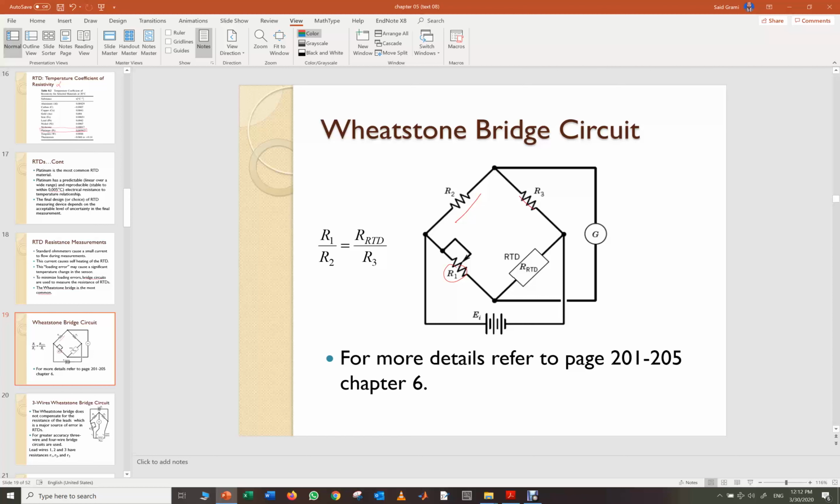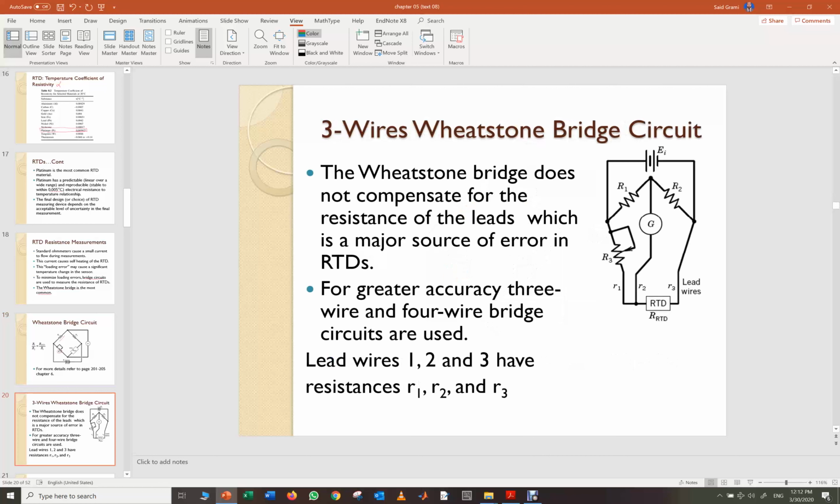So this is the circuit used for RTD. The Wheatstone bridge can be a 3-wire or 4-wire circuit. The Wheatstone bridge does not compensate for the resistance of the leads, which is a major source of error in RTD.